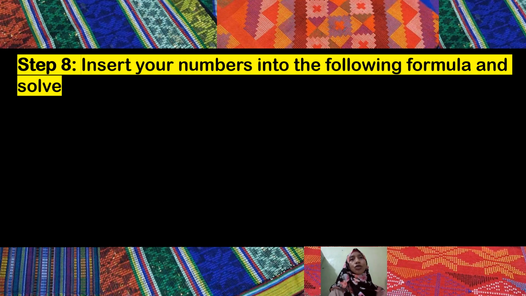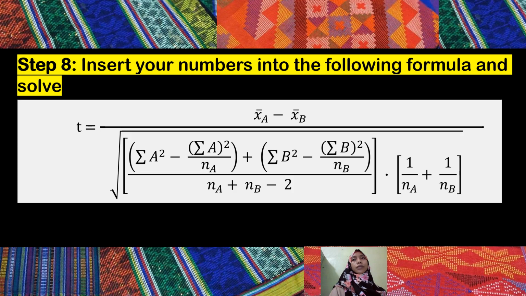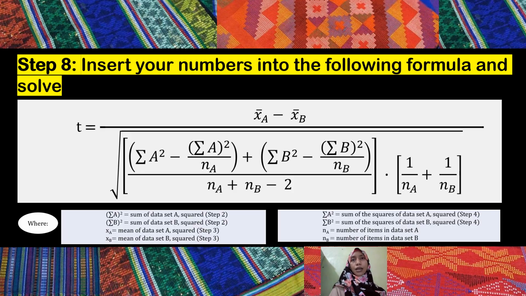Step 8 is to insert your numbers into the following formula and solve. So here's our formula in computing for the t value. It's quite a lengthy formula. The description is here. We are also provided with at which step they could be found, which we did a while ago.